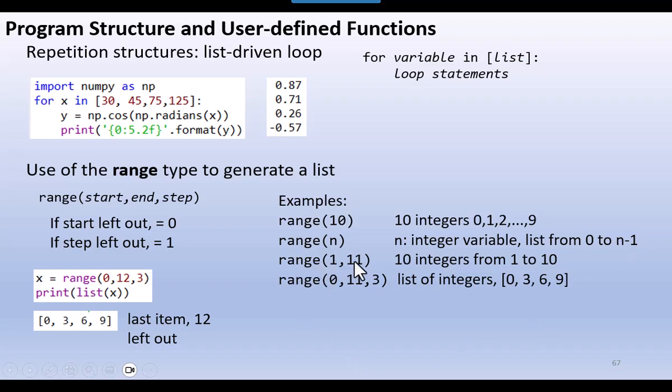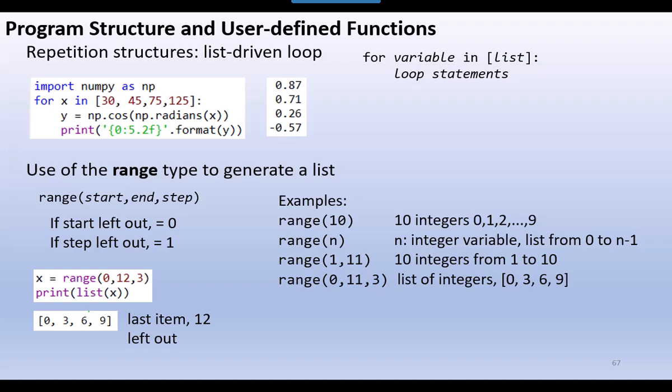If I do 1 to 11, it's going to start at 1 now, but it's going to end at 10 because the step is 1, and it's not going to give you the last item. And here's another example. If I go 0 to 11 in 3, it's going to be 0, 3, 6, 9 again, because the last one it would reach is 12, which is greater than 11. So those are examples of the use of that.